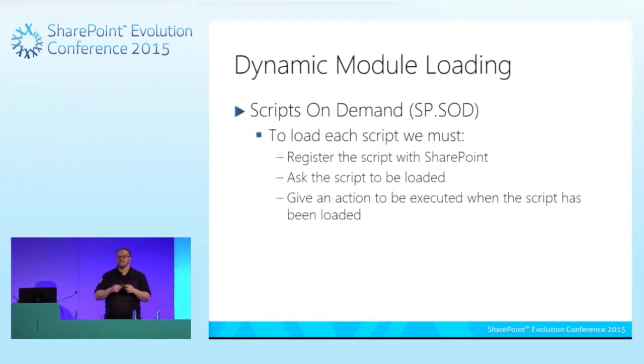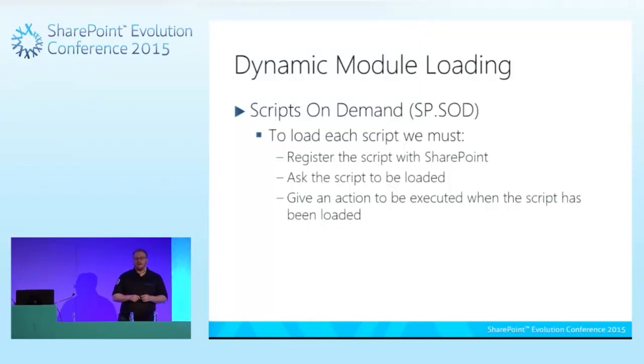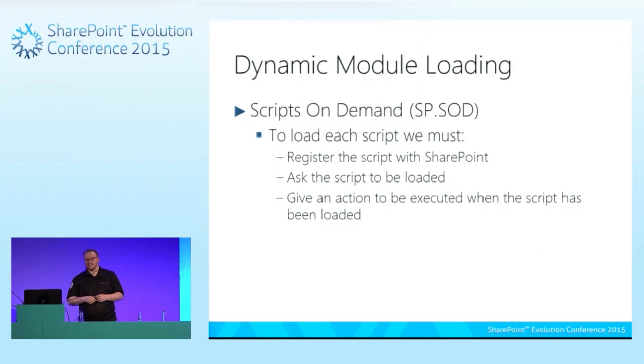So we've registered, in theory, our file. We're told SharePoint it can exist. But we need to load it. And this is where the confusion comes in. And I'll show you exactly what the different methods do in a minute.